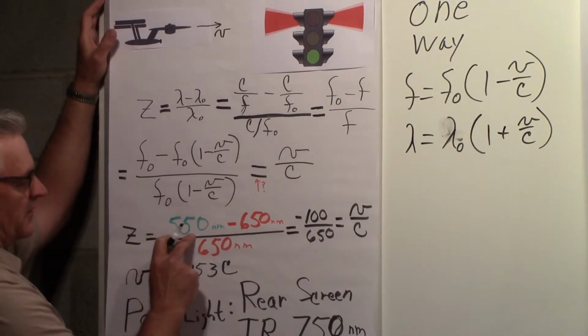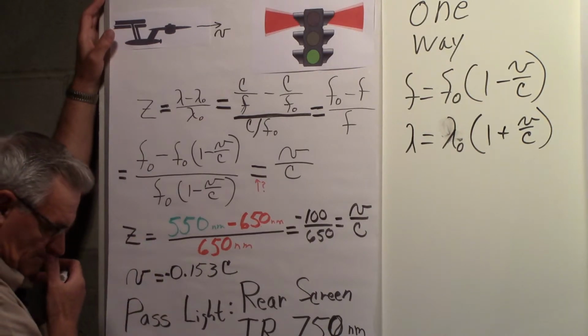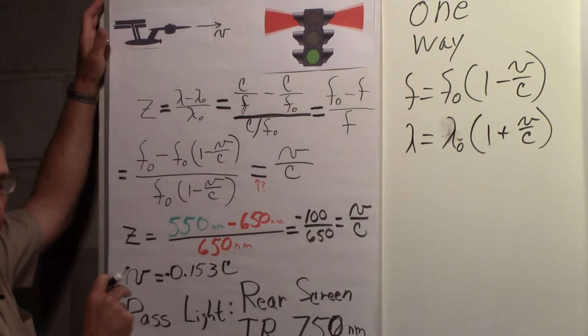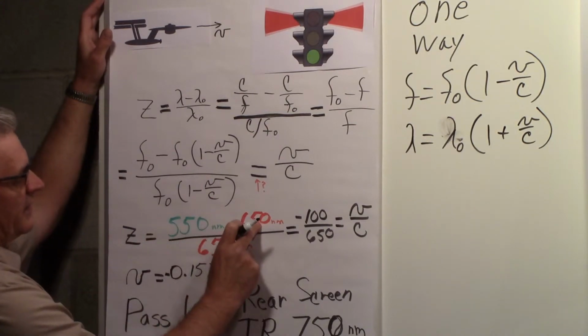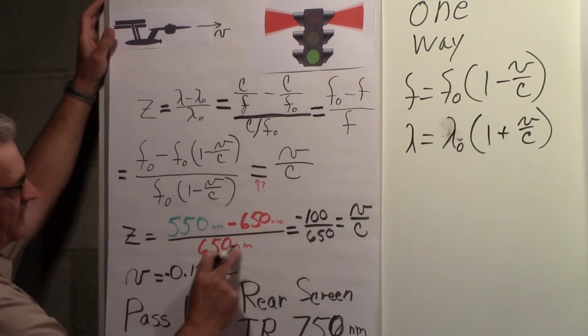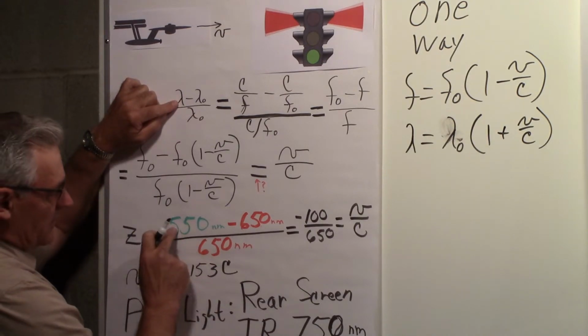For green, we're going to use 550 nanometers, which is close to a line in the mercury spectrum. So the wavelength being emitted is actually 650, so lambda 0 is 650 over 650, and the wavelength we want to get to is 550.